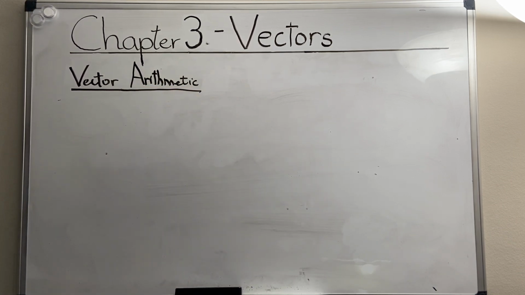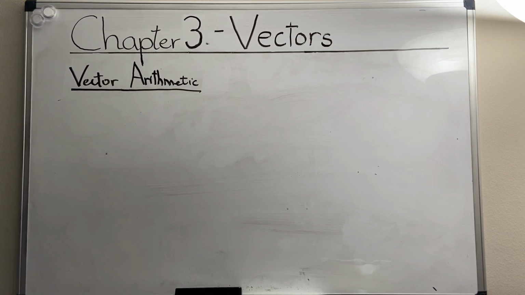So we're going to go over adding, subtracting, and multiplying a vector by a scalar, right? There are many more operations, but for now we're only going to be concerned with those ones. Later on we're going to learn how to do a dot product and a cross product, and I think that's actually it for this semester.